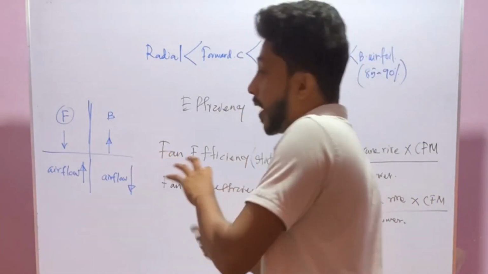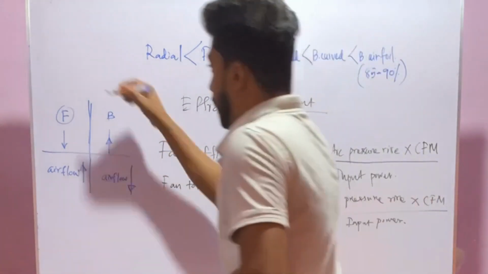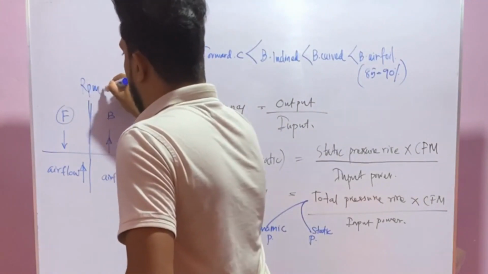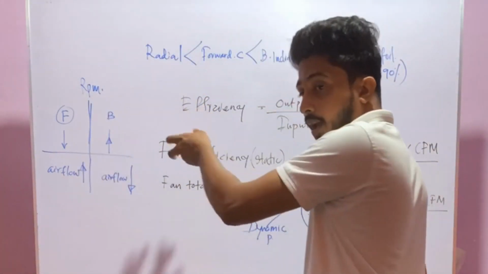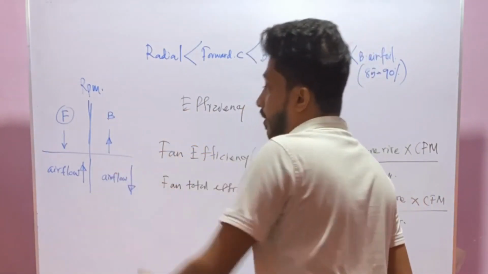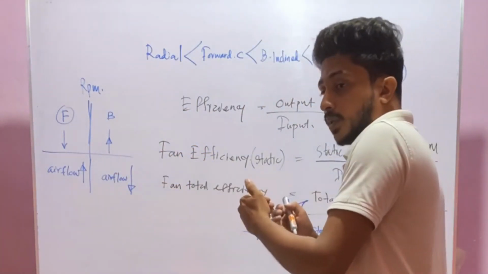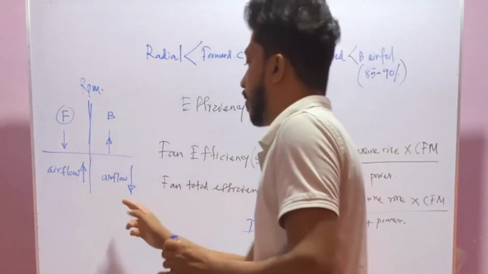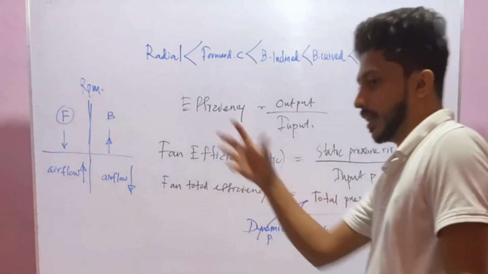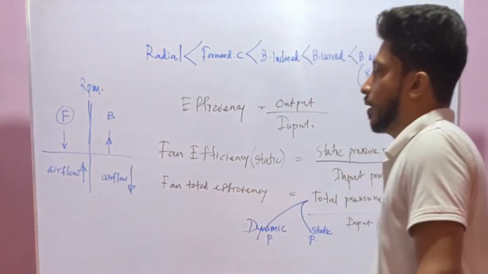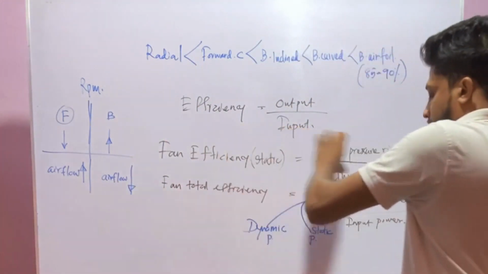If we compare constant RPM, that means same fan speed, this backward curve fan produces less airflow compared to the forward curve fan. Same thing. Okay.